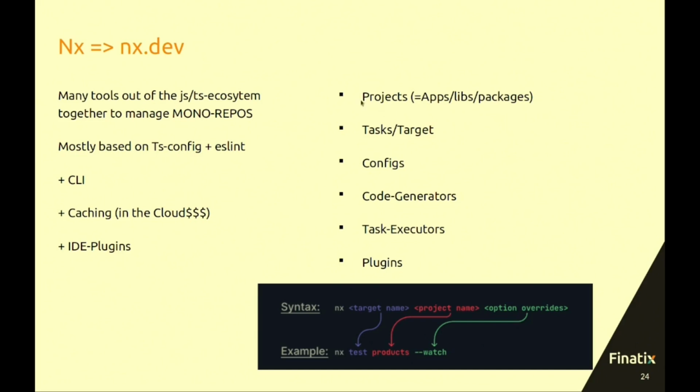We have different projects, which can be apps, libraries, and packages. We have tasks, sometimes called targets, which is like a job you execute. We have configs that relate to the way a target on a project is executed. And they also offer code generators and task executors.